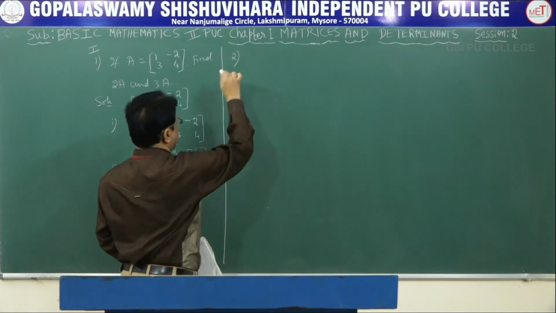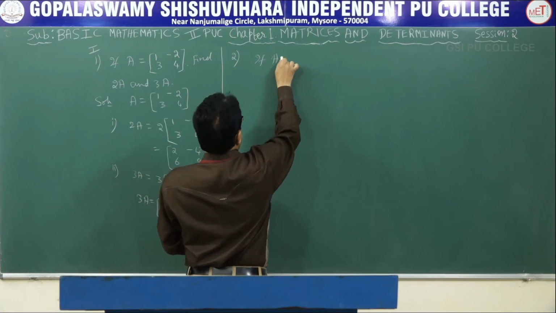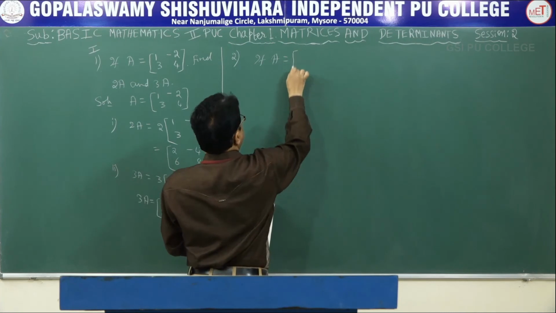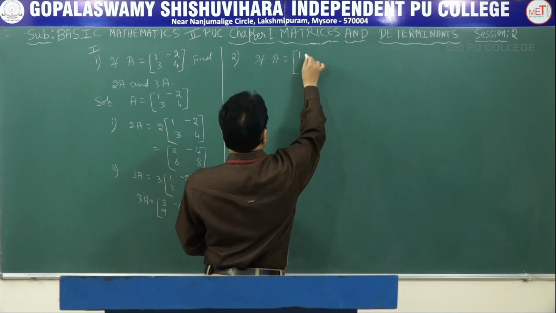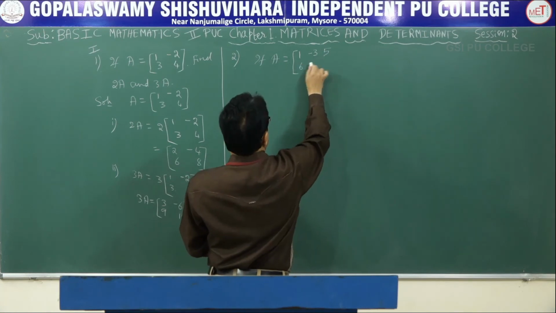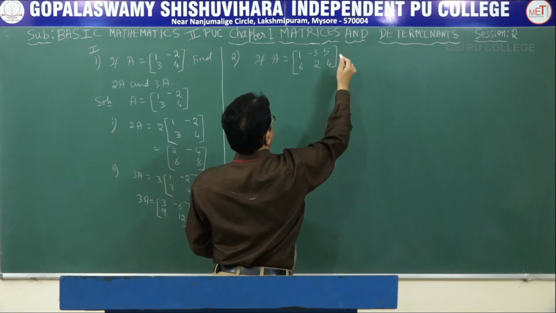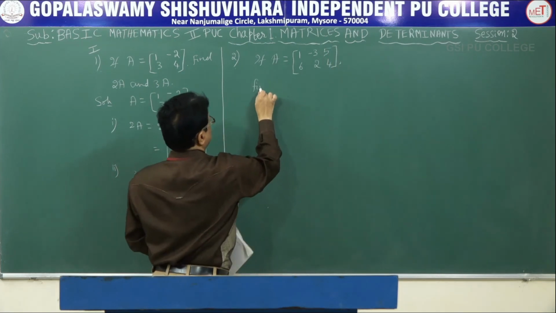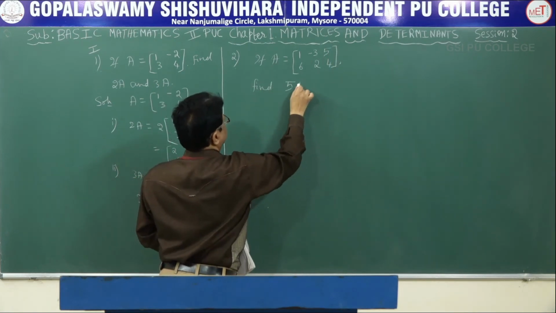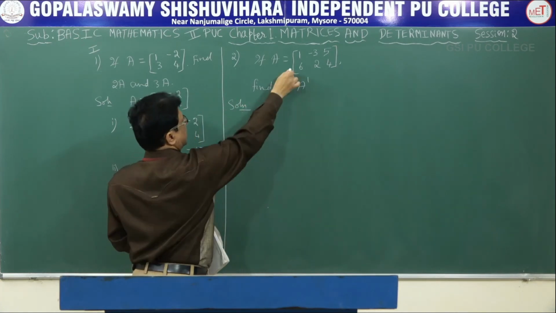So second problem, if A equals 1, minus 3, 5, 6, 2, 4. Find 5 into A dash. So what is the given matrix?